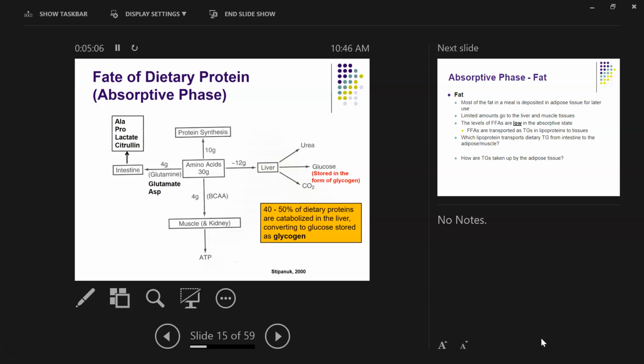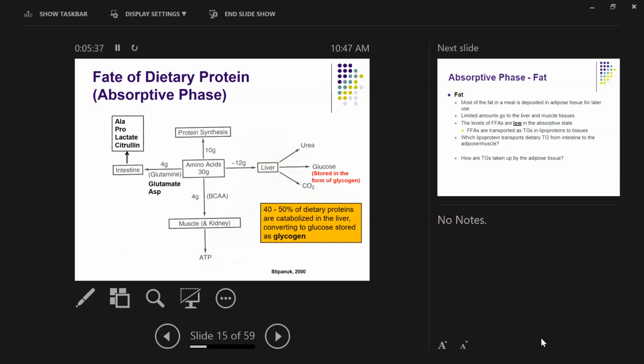And urea synthesis is also very active, right? It's one of the pathways for protein or amino acid metabolism. And 4 grams of amino acids, particularly branched chain amino acids, will be metabolized in the muscle or maybe kidney, right, for ATP production.